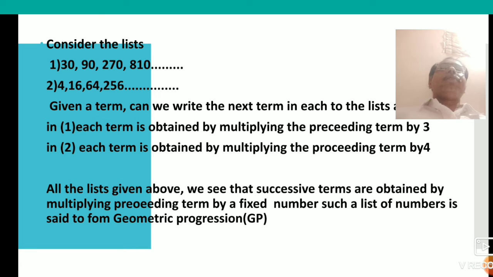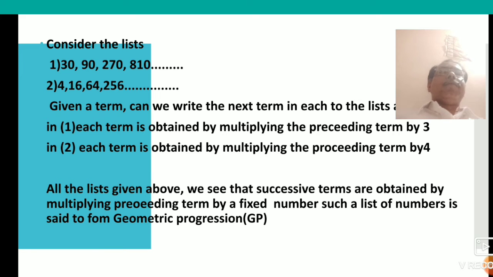There the fixed number is what? 3. And again 270, there again the fixed number is 3. That means we multiply 3 to 30, we get 90. Again multiply 3 to 90, then we get 270. Again multiply 3 to 270 to get 810, like that. You can write like that.